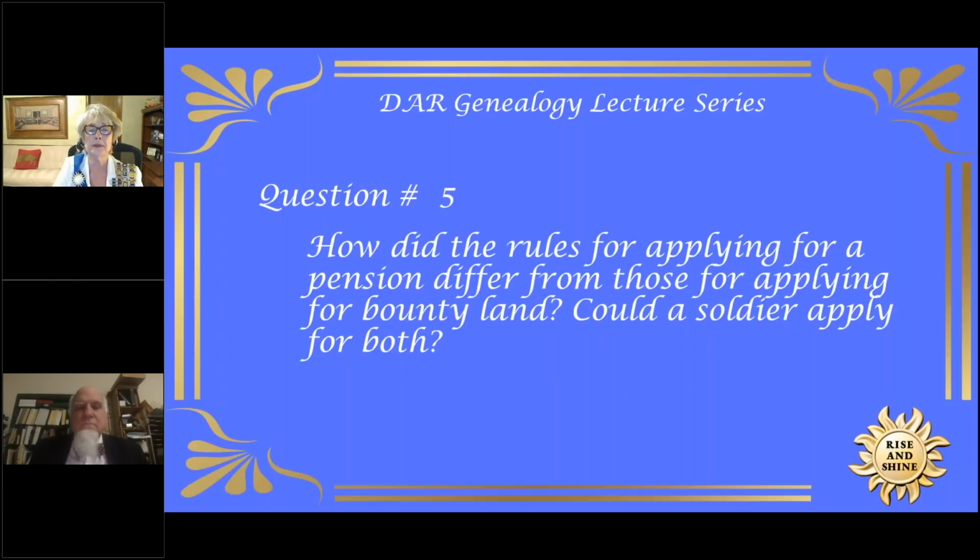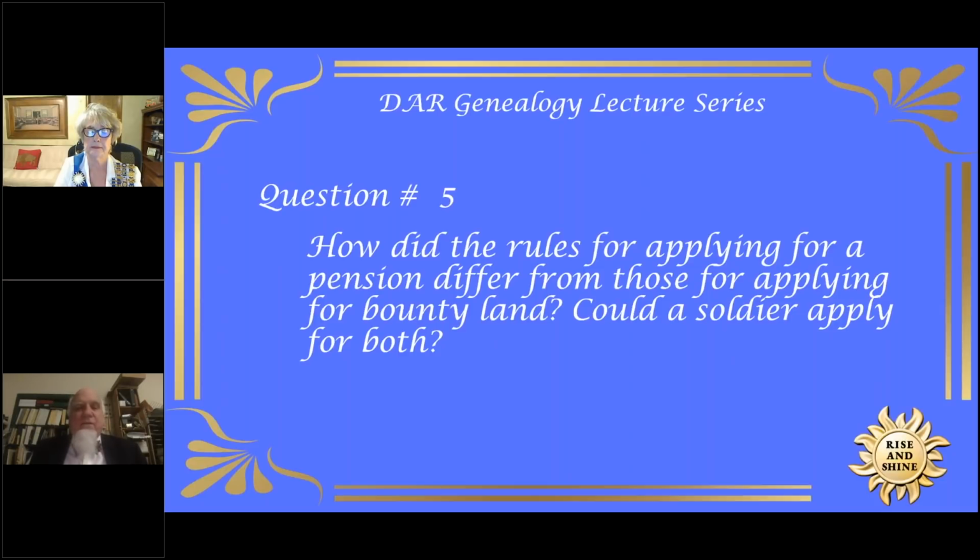How did the rules for applying for a pension differ from those applying for bounty land? Could a soldier apply for both? Well, by 1855, the answer is yes, because everybody was entitled to 160 acres of land. So if you see a soldier only has 40 acres or 120 acres or something like that, then you want to look in 1855 to see if they have the equalizing amount to bring them up to 160.